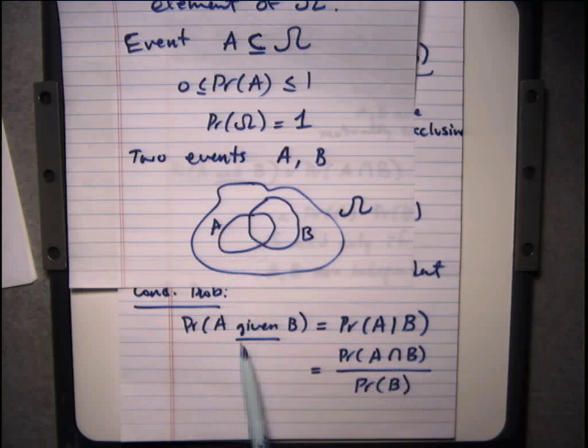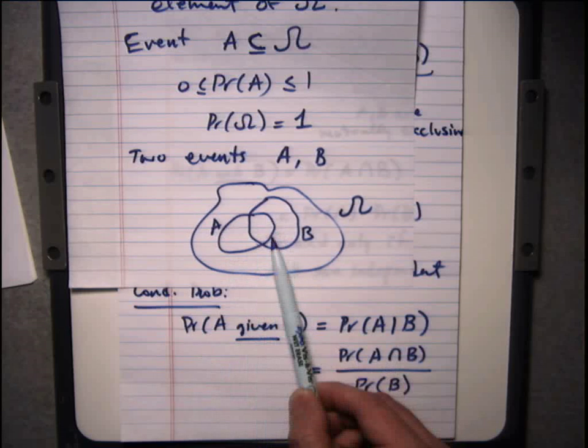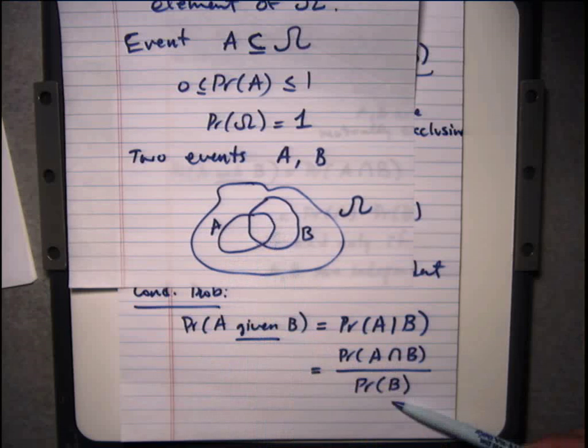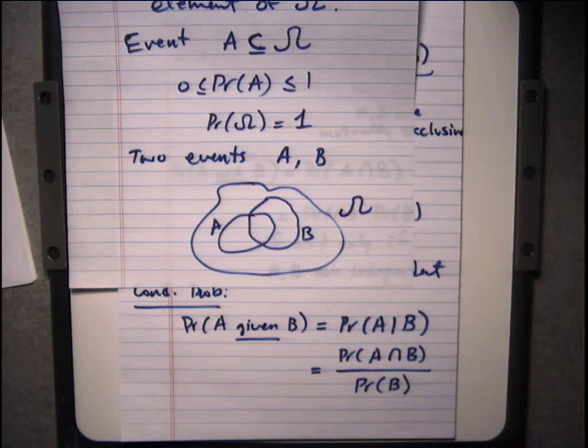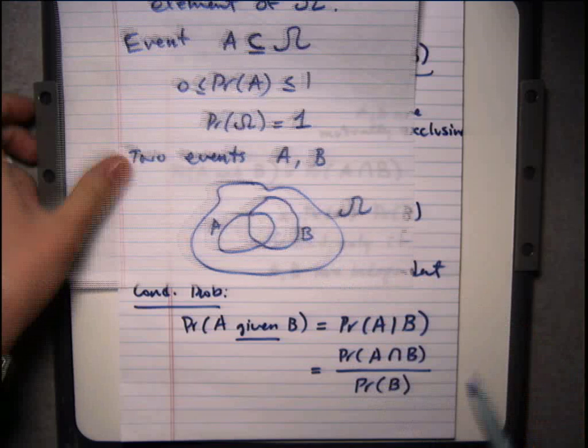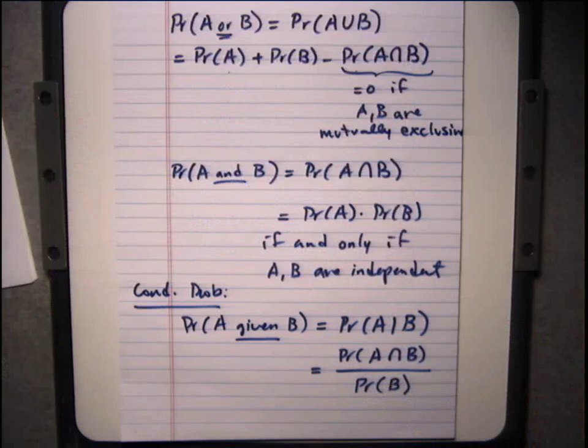Okay, because you're saying it's given B. Okay, so it's confined to this area. But it also has to be normalized. It has to be normalized because you know that the B has already occurred. So it's basically this area normalized by the probability of B. You can also write this in the reverse direction.